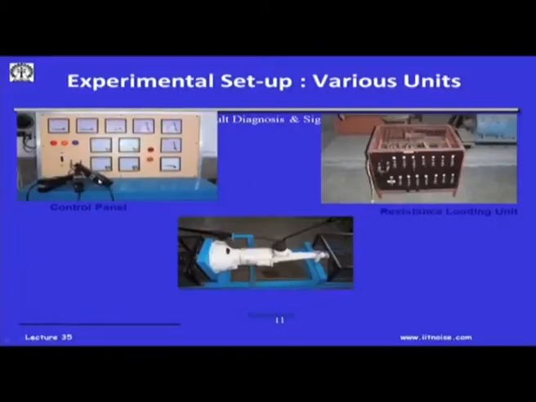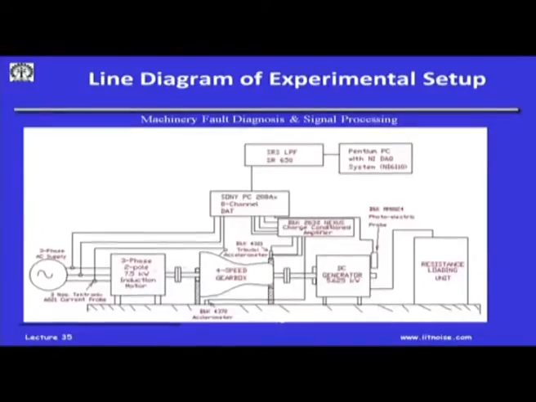And this is a close up view of the 3 Hall effect sensors to measure the current, and this is an automobile gearbox wherein we could remove the gears and put in a defect in the gear and then run it.